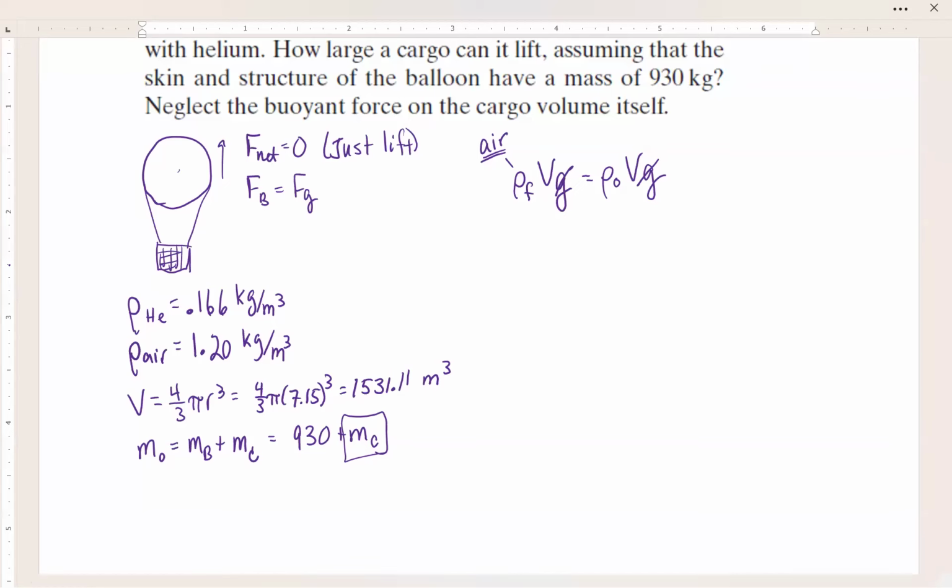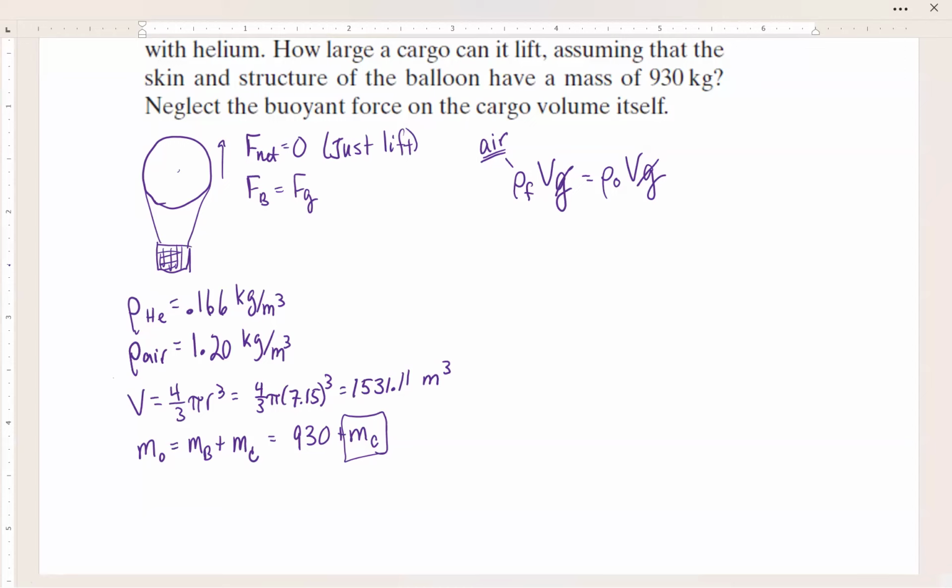Okay. So here we go. And the volume is the same. Okay. So I need the density because I want to know the mass. Okay. So the density of my object has to equal 0.166.